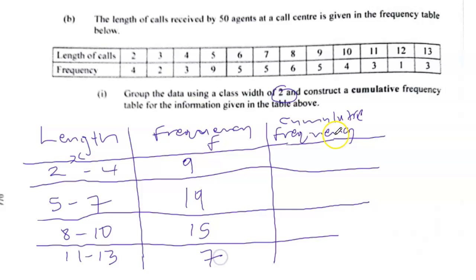So the cumulative frequency will start from the smallest value, which is the first frequency, 9. Add 19, we get 28. Add 15, we get 43. And add 7, we get 50. And it's 50 agents, so we expect the cumulative frequency to give 50.